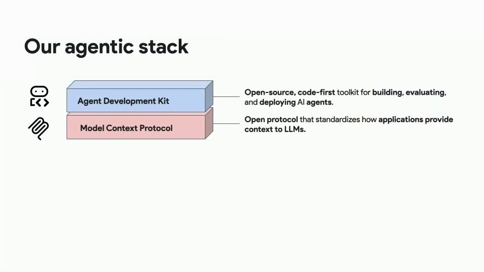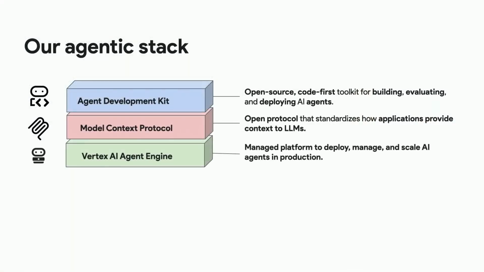On top of MCP, we also introduced Vertex AI Agent Engine, which is essentially a managed platform that has been designed to deploy, manage, and scale your AI agents in production. It takes care of all those operational challenges and possible capabilities that you need in order to deploy your agent in production.